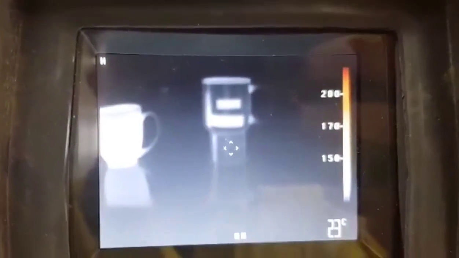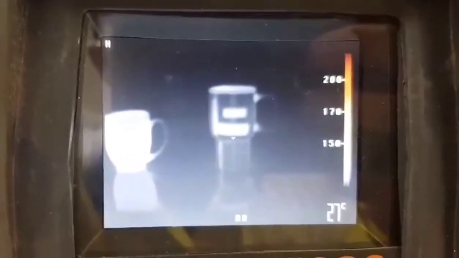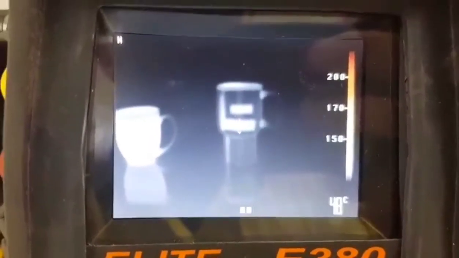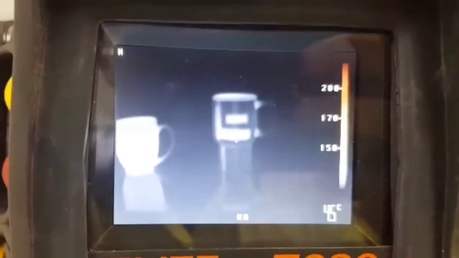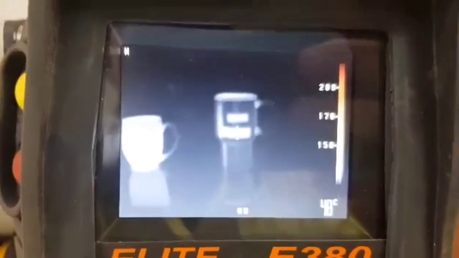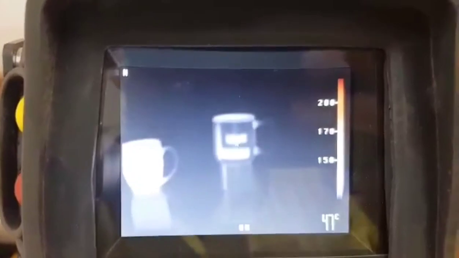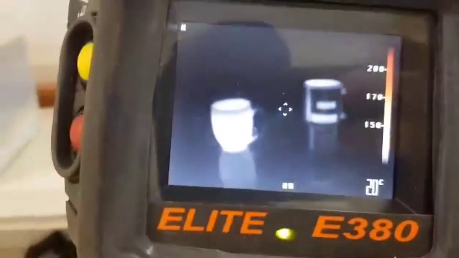If we move up to where the red electrical tape is, notice how the temperature changes on this thermal image camera. This is because the electrical tape is a good emitter of thermal energy. Look now at the surface of the bench top.